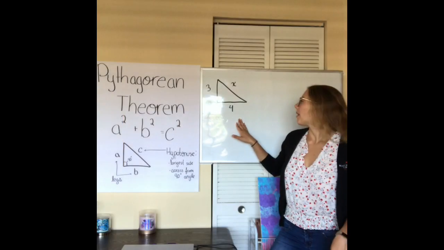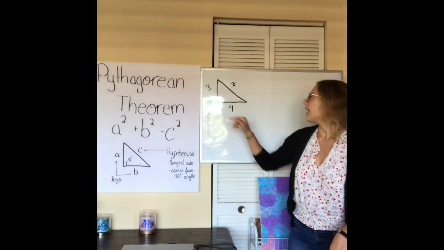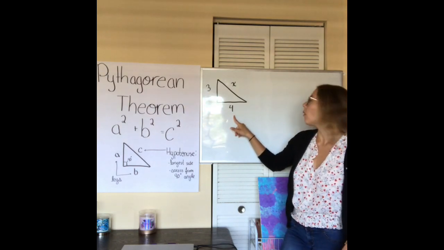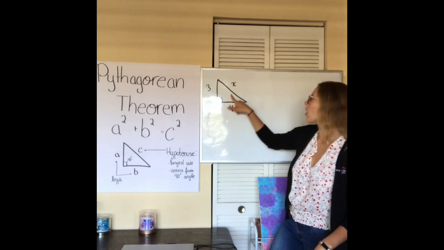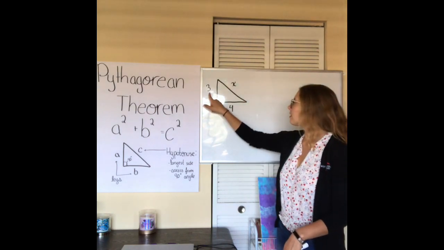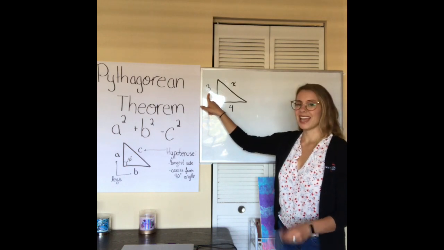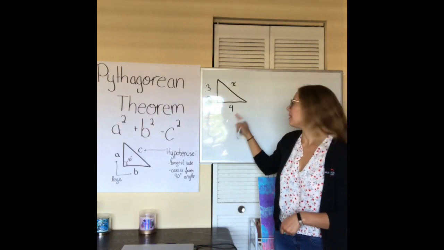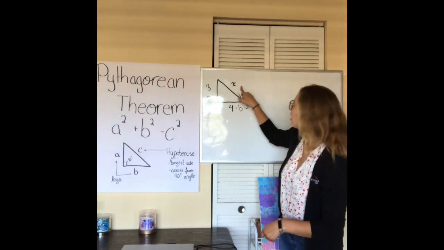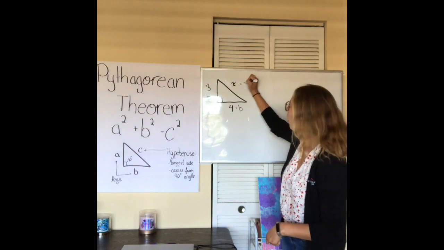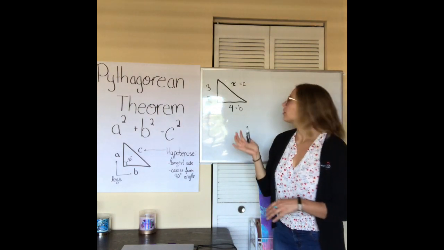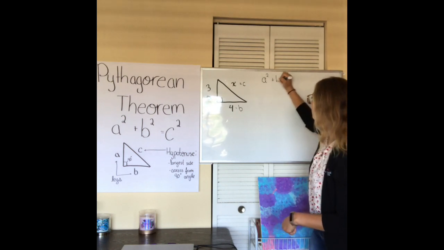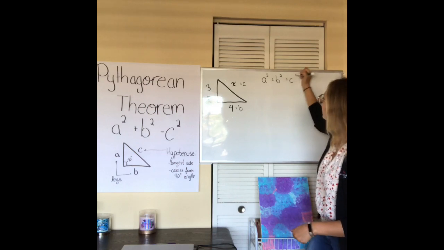So let's take a look at this problem on the board. I have a triangle. This leg is 3, this leg is 4, and we are looking for the longer leg. I'm going to say that this shortest leg is going to be A. This bottom leg is going to be B. And our X is going to be our C. I'm going to first write the formula on the board: A squared plus B squared equals C squared.